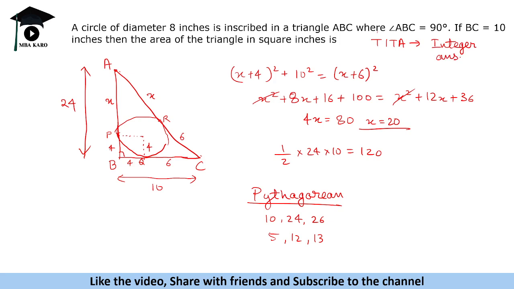They will not give a decimal point as answer. The reason is, let us say if they give 12.5 as the answer, some person might put 12.5, some person might put 12.50. So it would be difficult for them to figure out the answer. So always remember that TITA questions have integer answers. So the side length would be some integer.